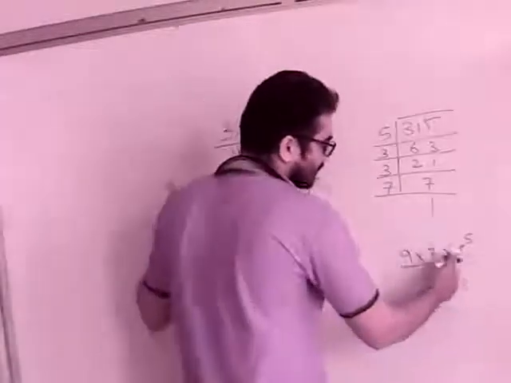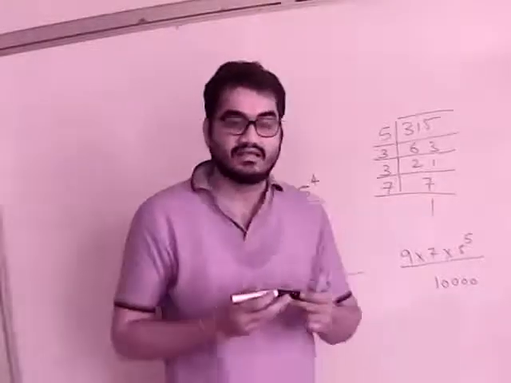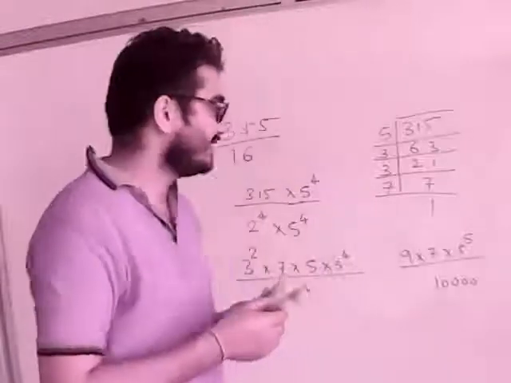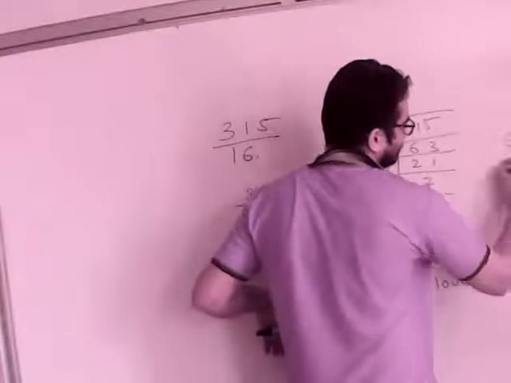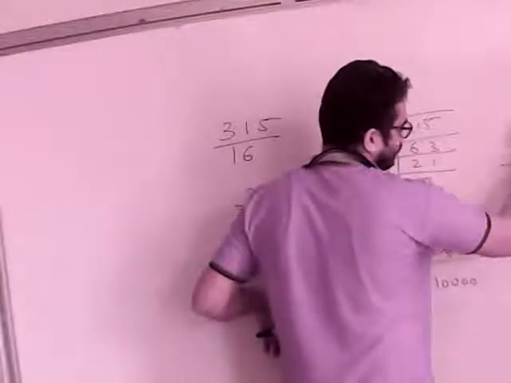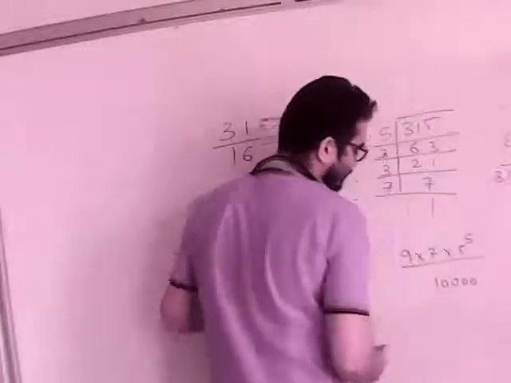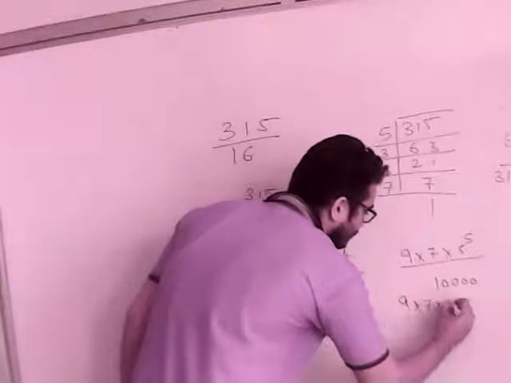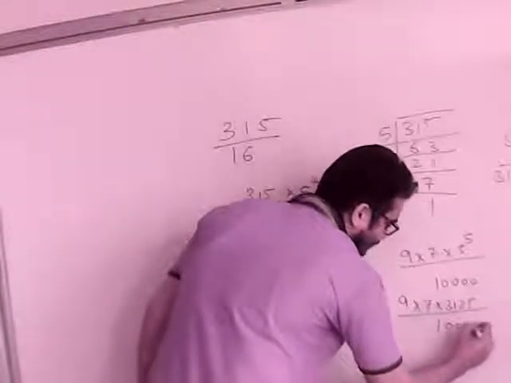Now whatever the number is given, suppose 5 raised to 5, that will be how much? 5 5s are 25, 5 5s are 125, 5 5s are 625, and 625 5s are. Let us do the multiplication. 5 5s are 25, 5 carry 2, 5 2s are 10 plus 2 12, carry 1, 5 6s are 30 plus 1, 31. So we have got 9 into 7 into 3125 upon 10 raised to 4.